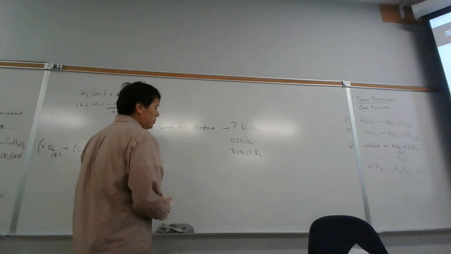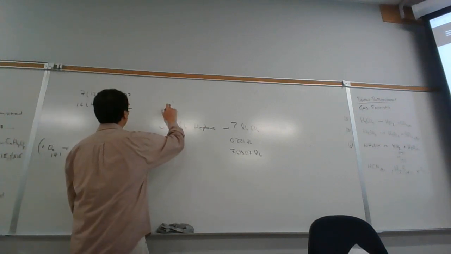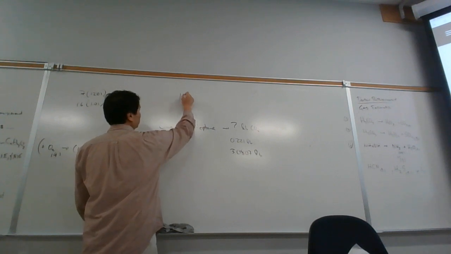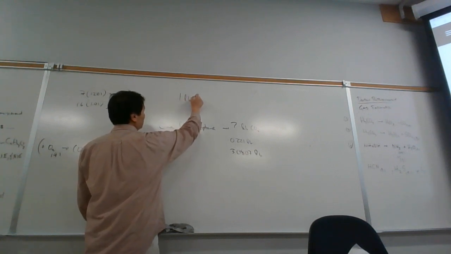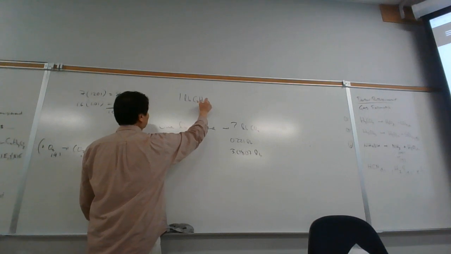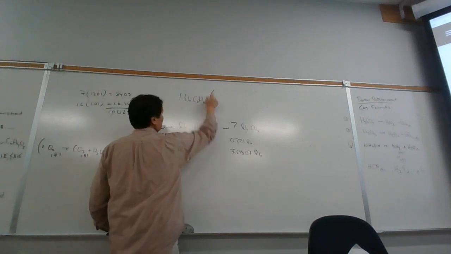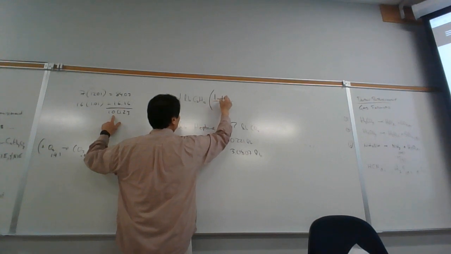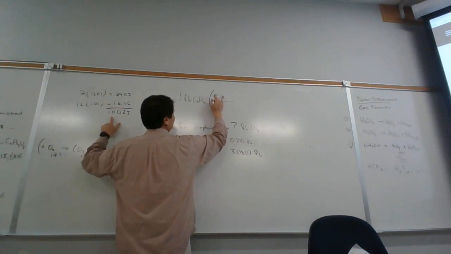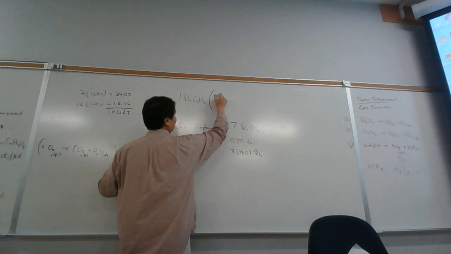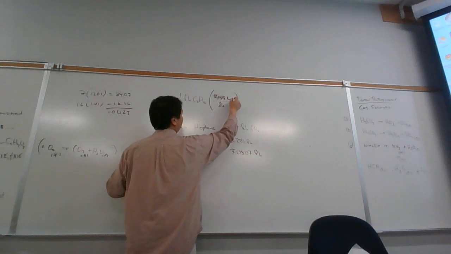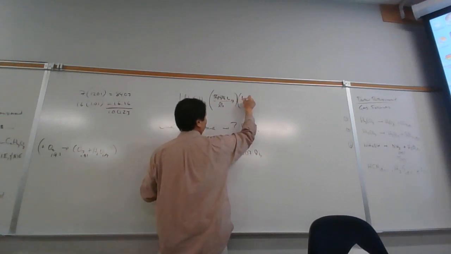You would do mole to mole. And so here we're going to do mass to mole. So if we have 1 pound of heptane, C7H16, then we convert it to grams, and then moles.